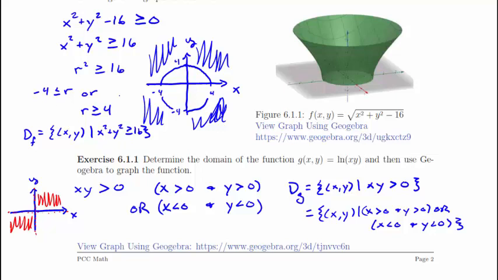Even though the r is nice and descriptive and helps us graph what this domain looks like, it's nice to leave the formal set notation in terms of x and y, since x comma y as a point is the domain, so we're just leaving it in terms of that.